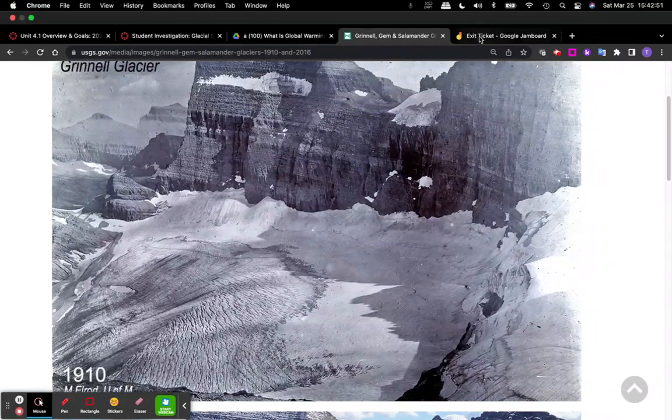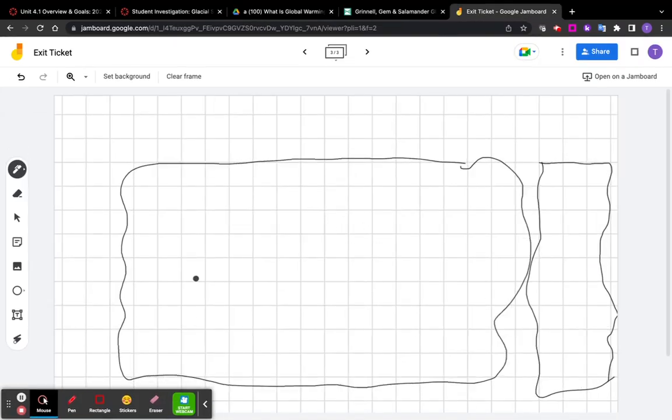Some over here, some here. After you do that, you're going to calculate how much ice. We're just going to use a general number. These are not absolutely correct, but we're just using this so that we can practice this skill. So 1 square on the directions it says equals 1 square meter of ice. All right. So you're going to have to kind of estimate.